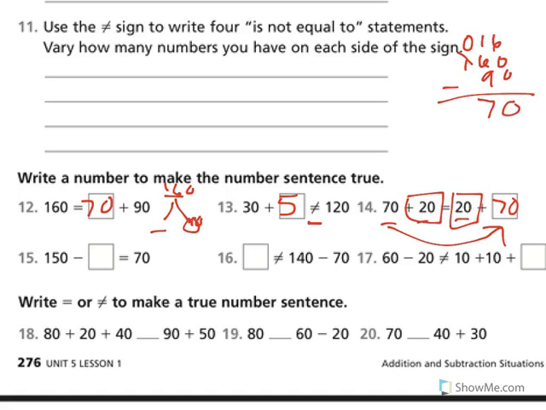Over here, 150 take away what is 70? Well, with our Math Mountain knowledge, if we have 150 take away 70, we will get what goes in that box. So 0 minus 0 is 0. 5 minus 7 is not going to work, so you have to ungroup. 0 hundreds, 15 tens, and that is 8. So 80.